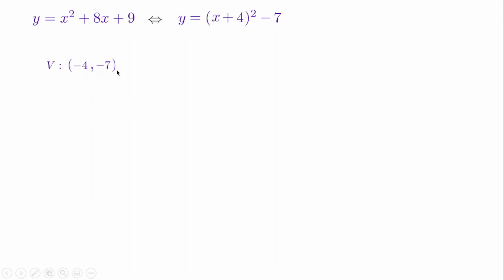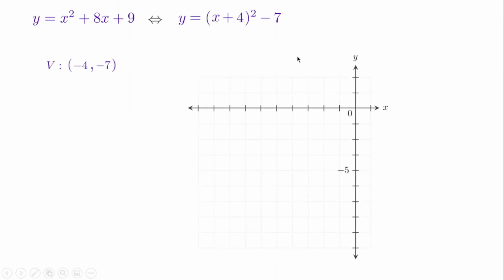Now suppose we want to graph this quadratic function. So let's draw a Cartesian plane and then place the necessary labels. So place y in the y-axis, x in the x-axis, and do not forget 0. And then we place negative 5, negative 5.